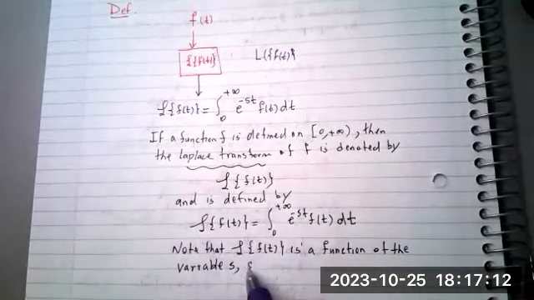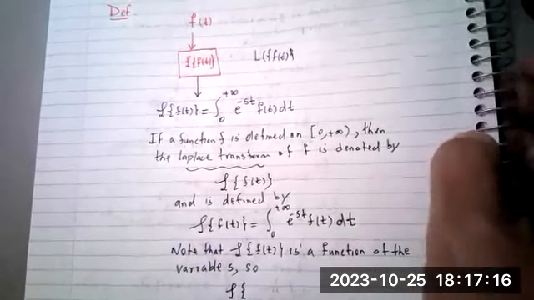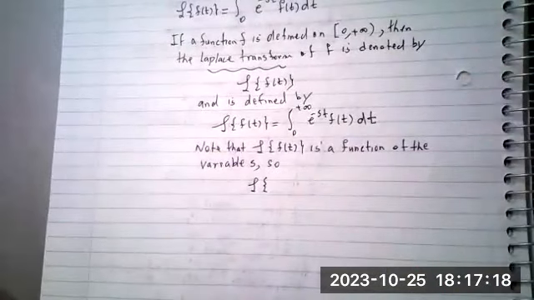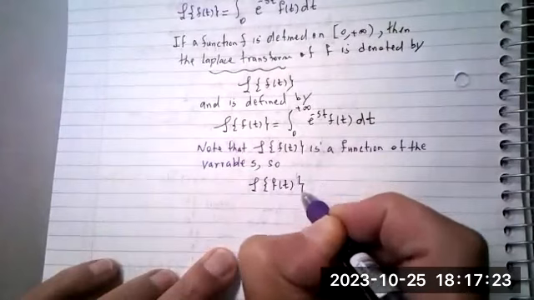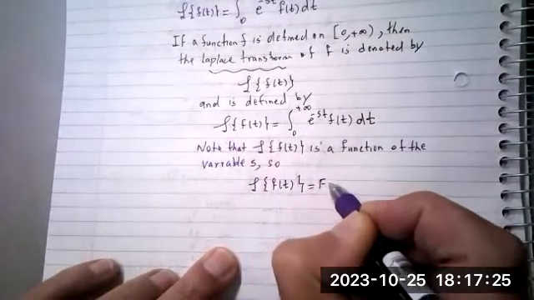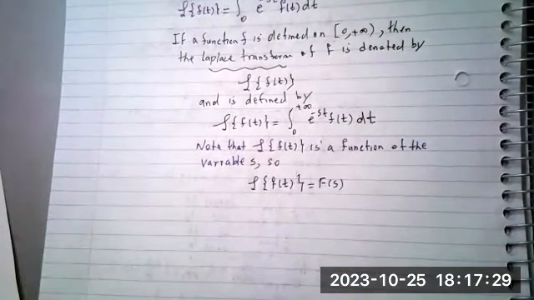The way we write it, these are standard notation that we're going to use through this chapter, we write L of f of t as F of s. That's it. So in this chapter, anytime you see F of s, you know you are talking about the Laplace of f of t.